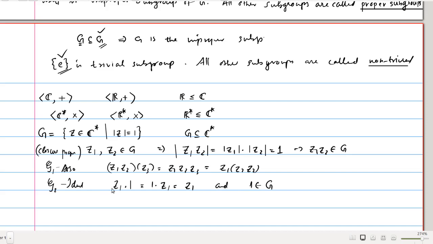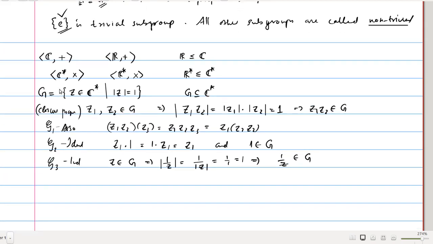So this establishes the existence of identity. Now the third axiom, the inverse. If Z belongs to G, we know that 1 by Z exists, because Z belongs to C star. Then what is the modulus of 1 by Z? That is 1 by modulus of Z, which is equal to 1 by 1, which is equal to 1. This implies 1 by Z also belongs to G. So from this you can say that G is a subgroup of C star.